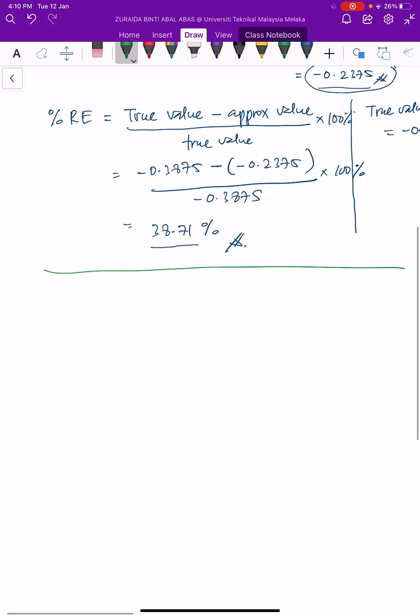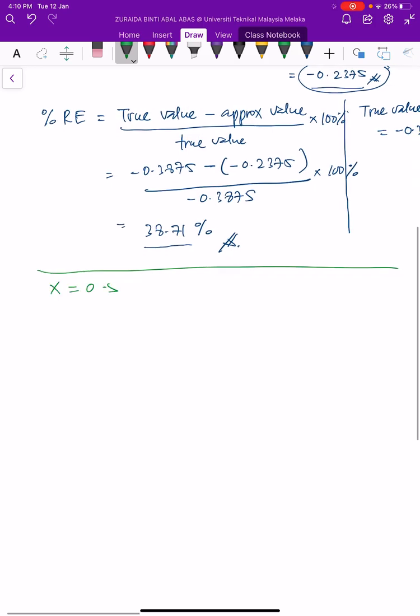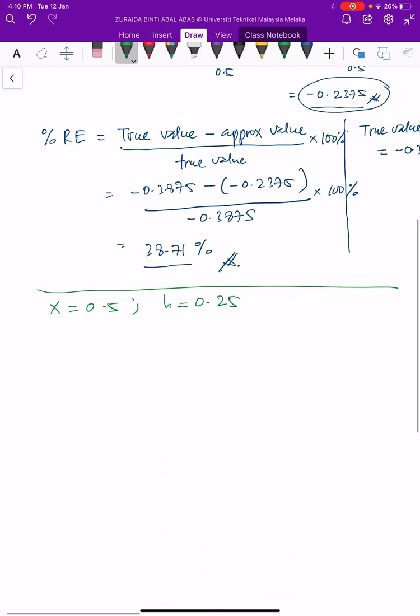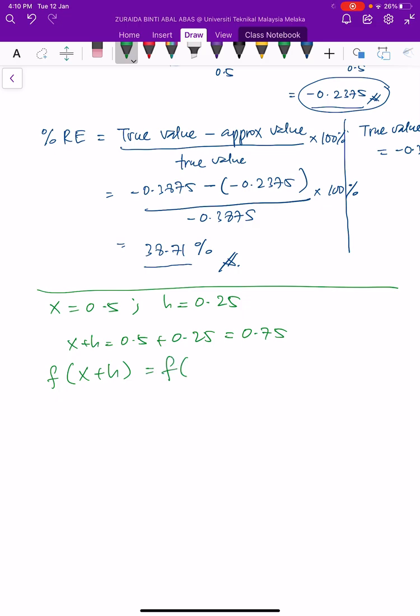Let's carry on with the same x value of 0.5, but a smaller step size, which is h equal to 0.25, because remember, the question asks you to use h 0.5 and h 0.25. So x plus h, 0.5 plus 0.25, this time gives you 0.75. Next, you need to evaluate f of x plus h, so f of 0.75.